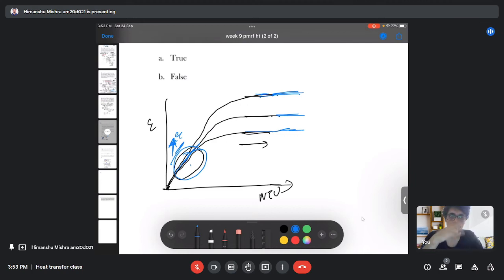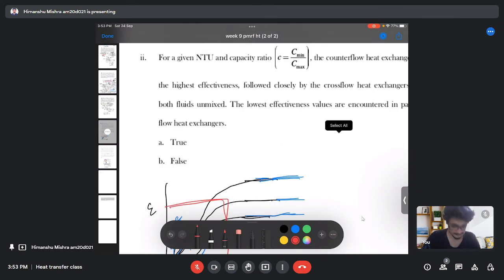That means the maximum heat transfer does not usually occur. So we will use a heat exchanger with the NTU in this range, with a pretty low NTU value, because in that range the effectiveness will increase quickly. So the first statement is correct.